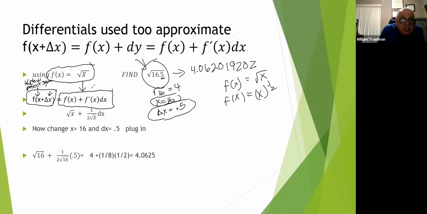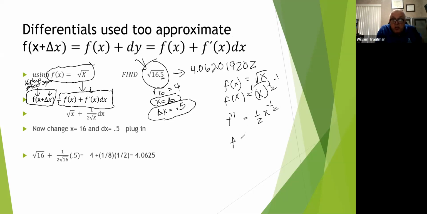By the way, I need to find the derivative of that function. So I'm going to change the square root to a rational exponent so I can take the derivative. You bring the 1/2 down, and then you subtract 1. 1/2 minus 1 is a negative 1/2.